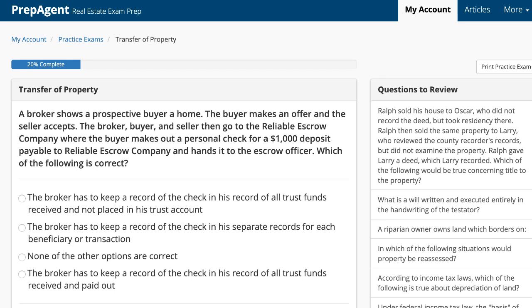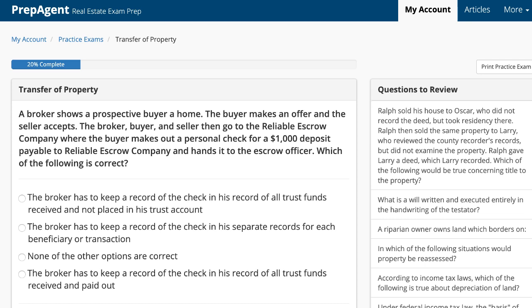A, the broker has to keep a record of the check in his record of all trust funds received and not placed in his trust account. B, the broker has to keep a record of the check in his separate records for each beneficiary or transaction. C, none of the other options are correct.